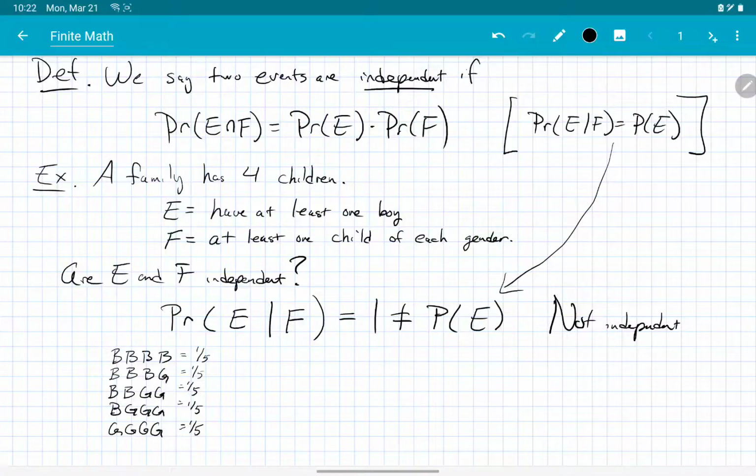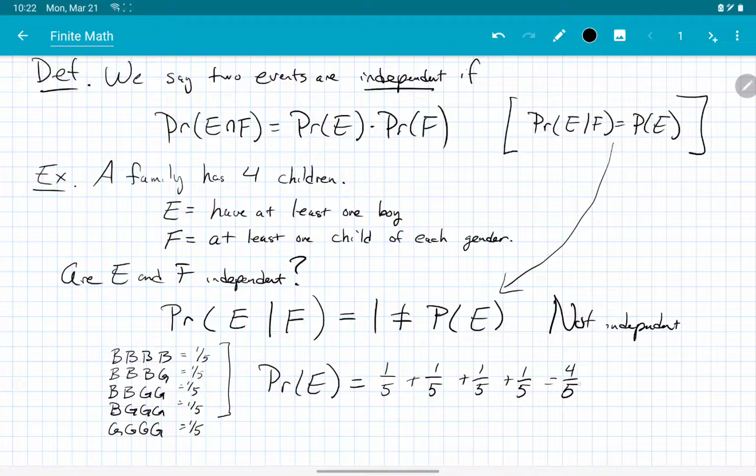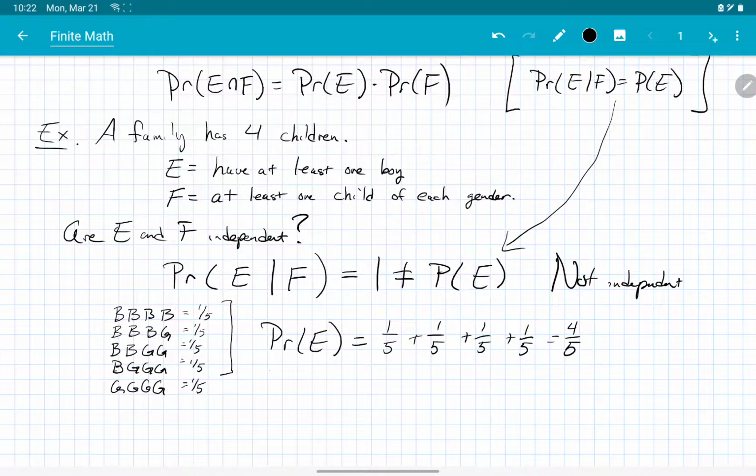Okay. Now, if we try to calculate the probability of E, that would be having at least one boy. That would be all of these together: the first one, the second one, the third one, and the fourth one. So this would be 4/5.